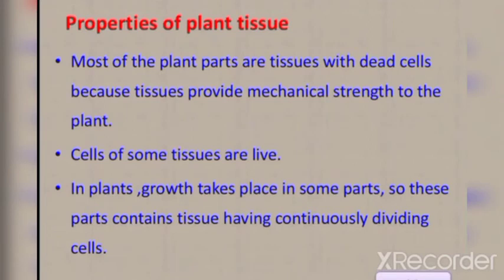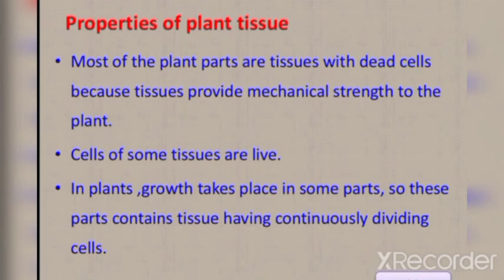Children, as in this chapter we have to deal with plant tissue, there are some properties that every plant tissue must have. The first property is that most of the plant parts are tissues with dead cells, because in plants tissues provide mechanical strength, and cells of some tissues are living also.